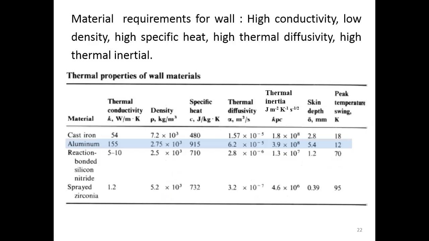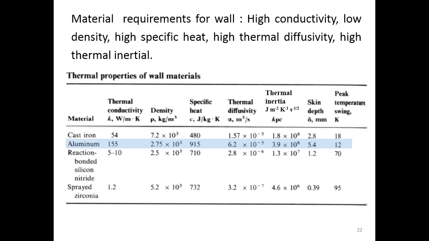Okay, so that means the material for the combustion chamber has to be able to do the heat transfer job well enough. So the material requirement for the wall has to be what?